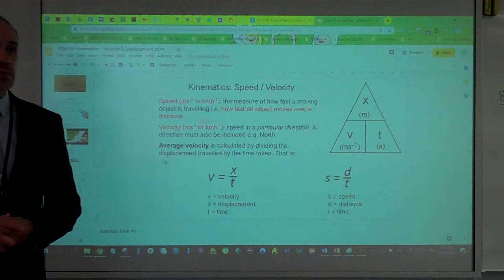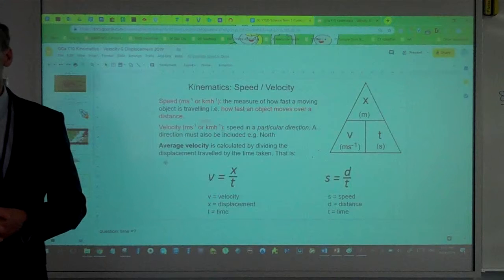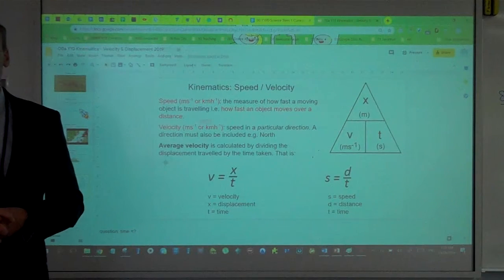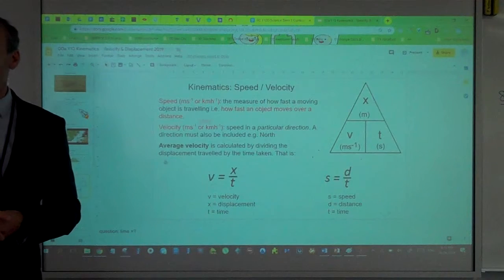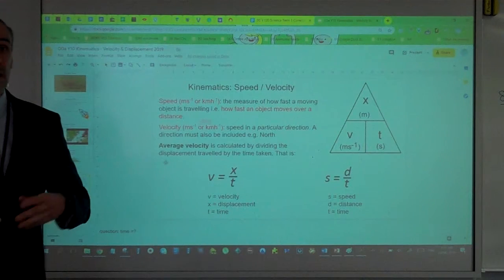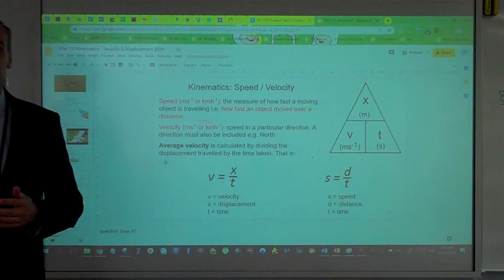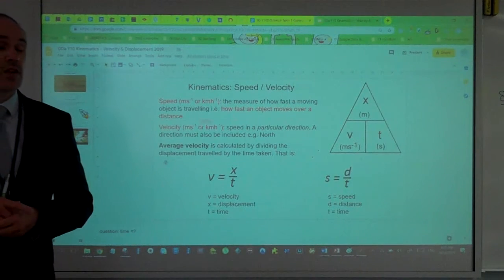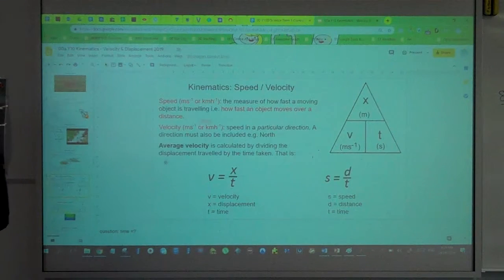You only get my average speed. If I get 100 kilometres down the road and it's taken me an hour to get there, then my average velocity is 100 kilometres per hour. I might have done 120 sometimes and 80 at other times, but it took me 60 minutes to cover that distance, so I've got an average velocity. So you have to be careful with that. Now, is everyone finished there?